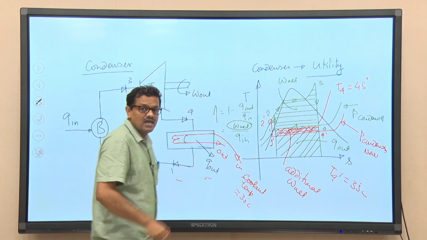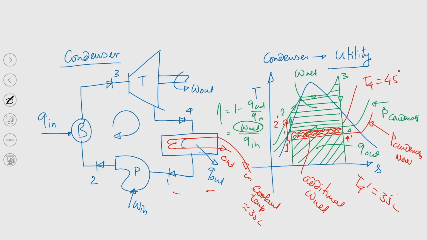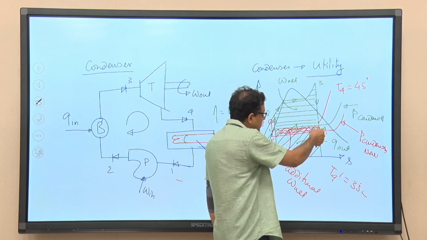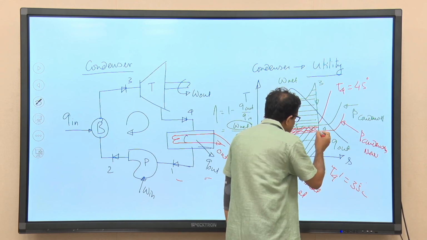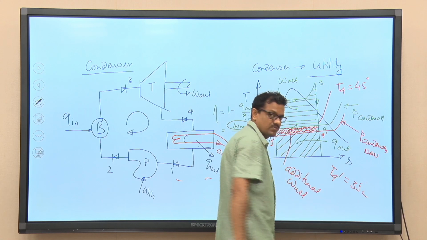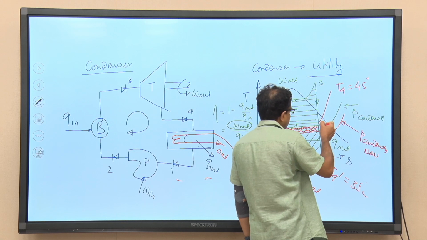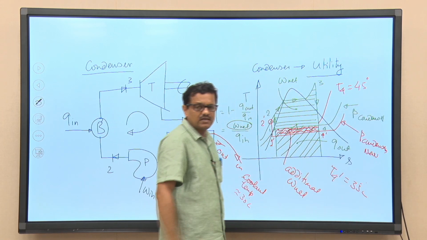Now, the problem is, if we allow steam to expand further up to 4 prime, the saturation pressure corresponding to this temperature T4 will be even less. Say P condenser in the first case is atmospheric pressure.